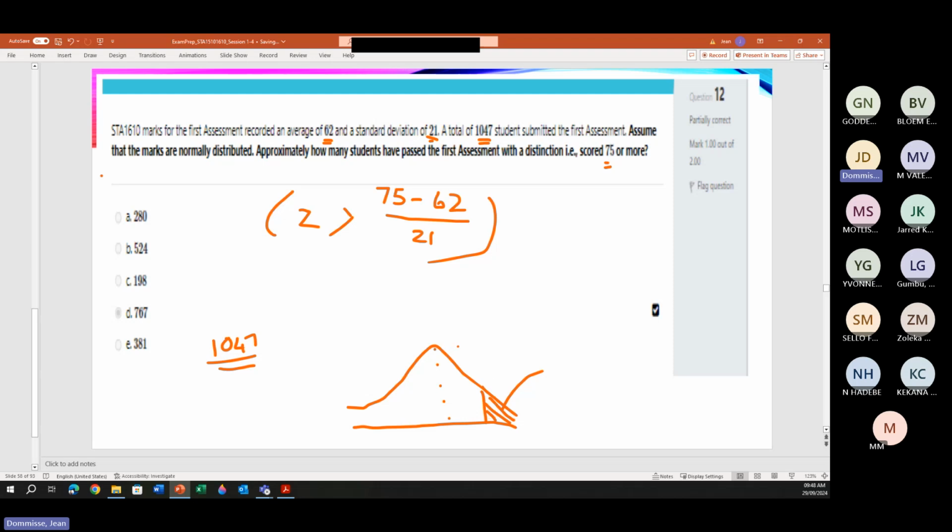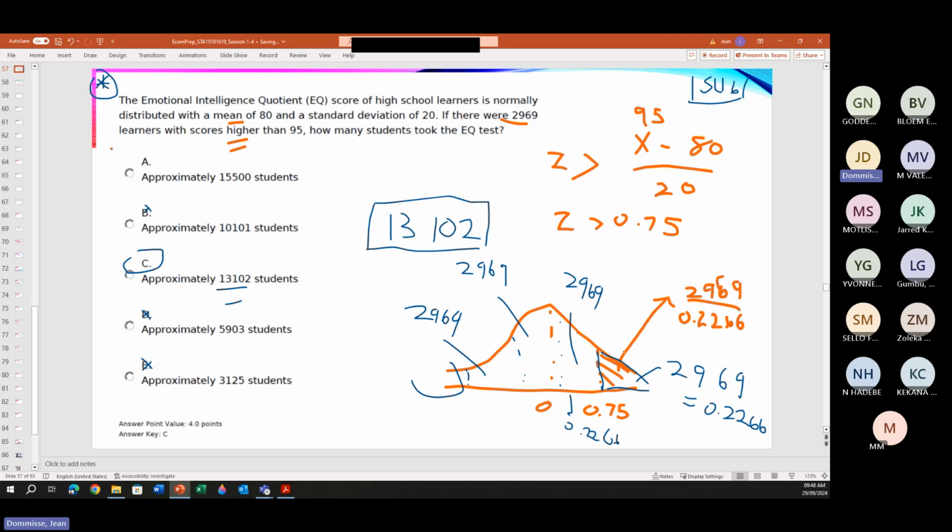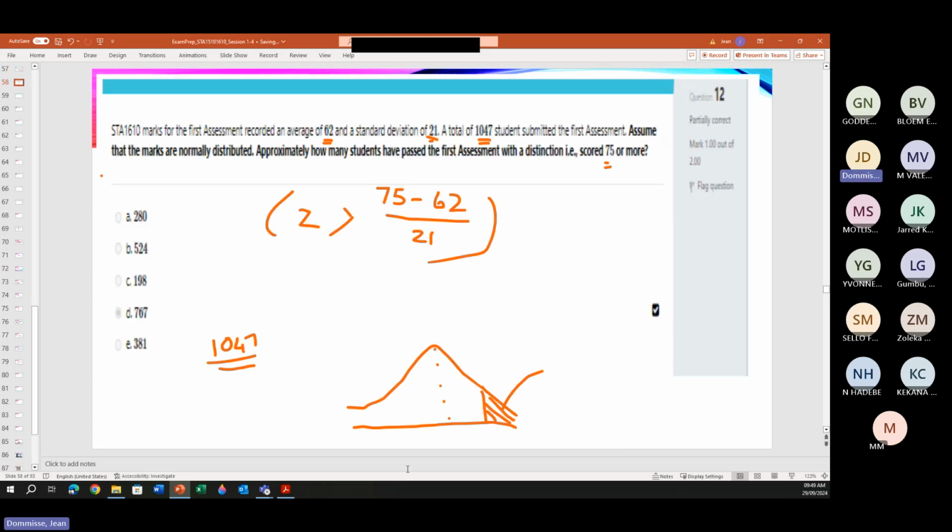Remember the previous one, we got that small area and we wanted to work out all the students. Now we've got all the students and we just want to work out this area. I think it's nice that we have all of these nearly stacked together. By fluke, it worked out a bit like that.